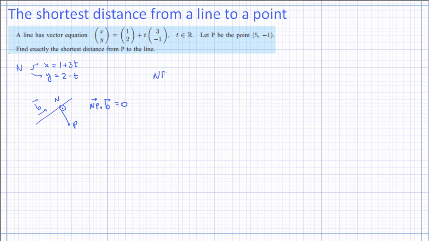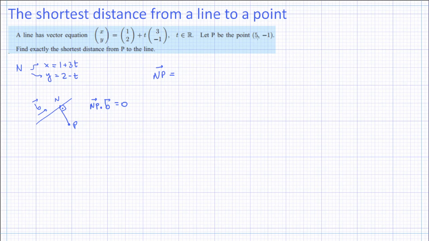Now, how can we find NP? We have the coordinates of point P, so NP would be the coordinates of point P minus the coordinates of point N. Remember that you can do NP or PN. It doesn't matter the direction, as long as the angle is 90 degrees.